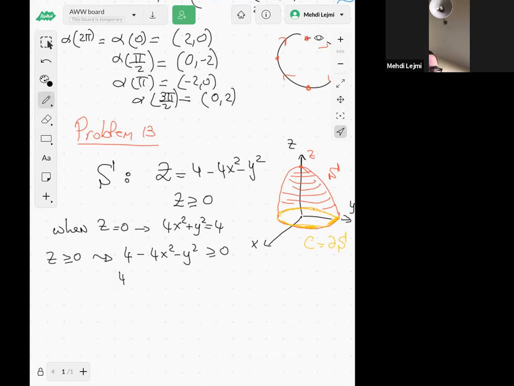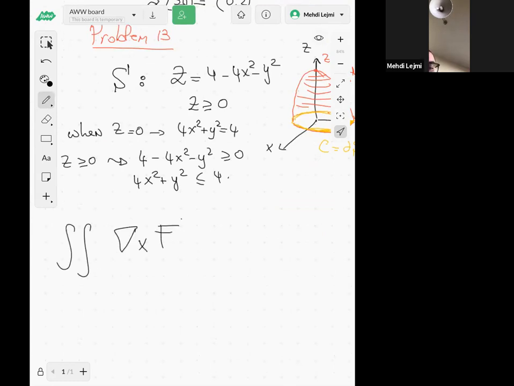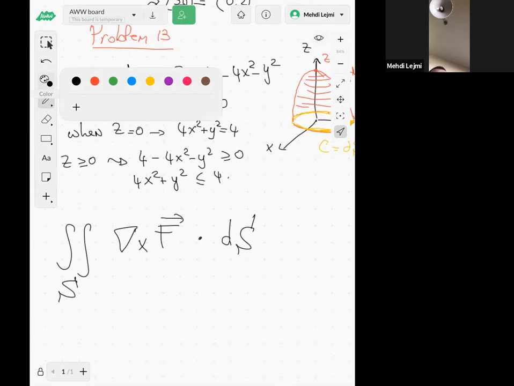In other words, 4x squared plus y squared is less than or equal to 4, and this is the domain for your surface S. Anyway, you want to evaluate the double integral of the curl of F dS over the surface S. So the first step would be to compute the curl of F. So step 1, let's compute curl of F.